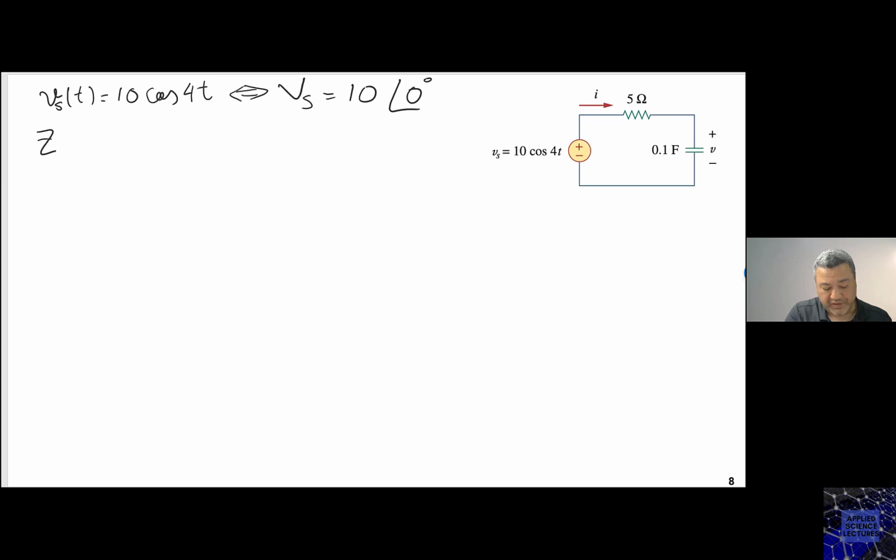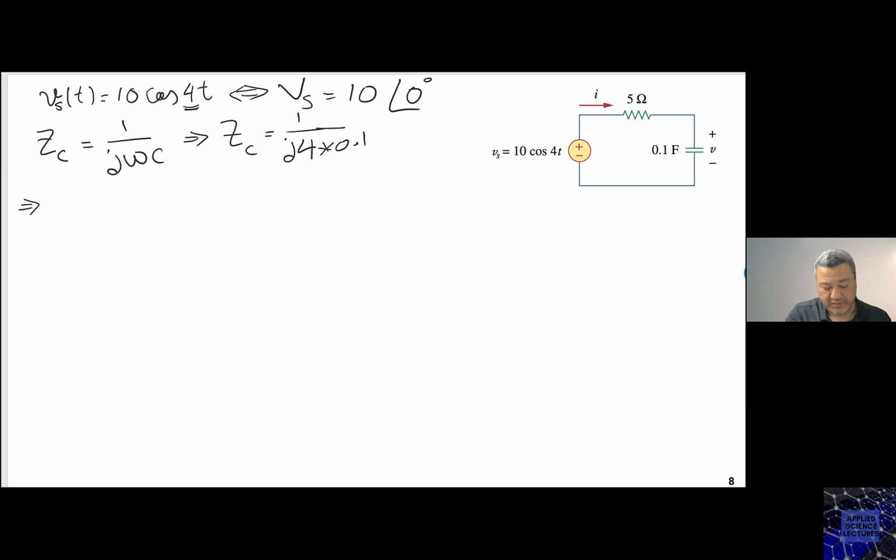So ZC is 1 over j omega C. So the impedance ZC is 1 over j times 4 times 0.1.